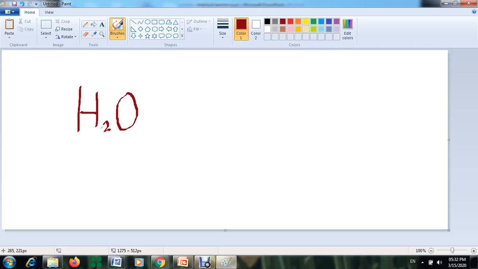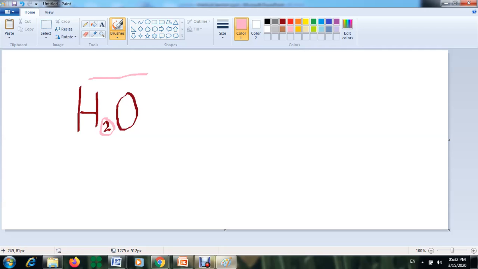You can also see a number here. This number represents the number of hydrogen atoms. So in H2O, you have 2 hydrogen atoms bonded to 1 oxygen atom.